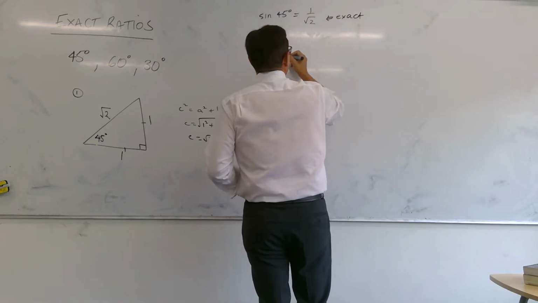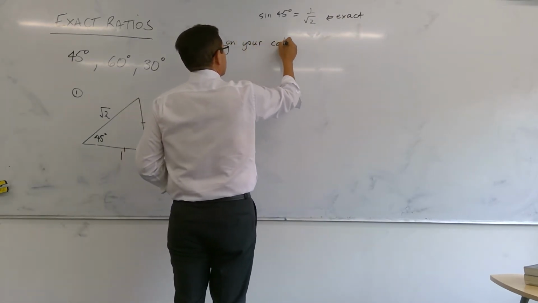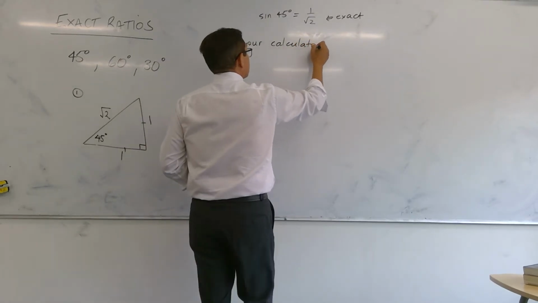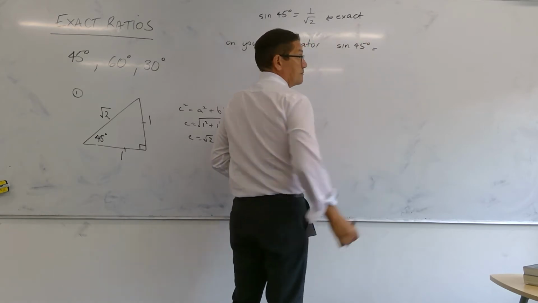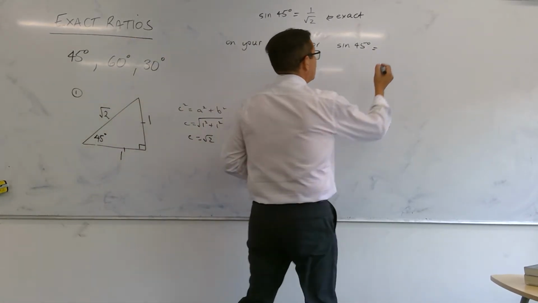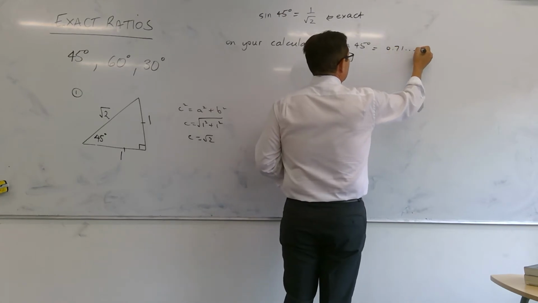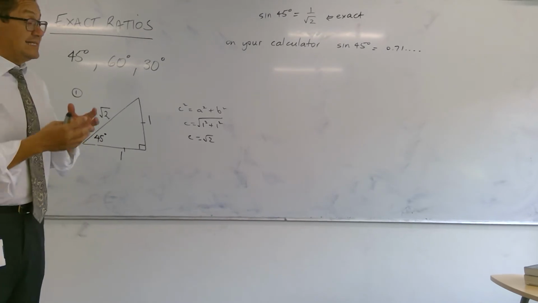But on your calculator, what do you get? Sine 45 is 0.71. See how it's not exact? It's an approximation.